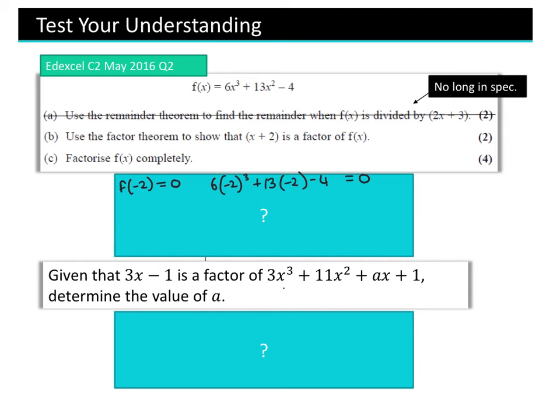I can't think off the top of my head. Negative 48. Okay, so negative 48, 4 times 13 is 52, minus 4 equals 0. Therefore, x plus 2 is a factor.